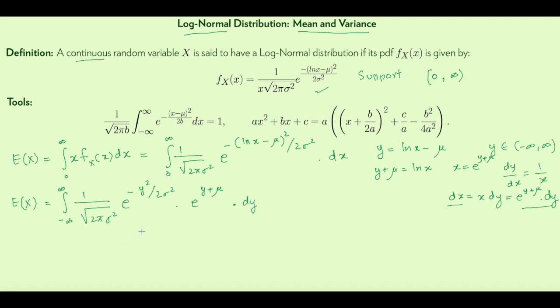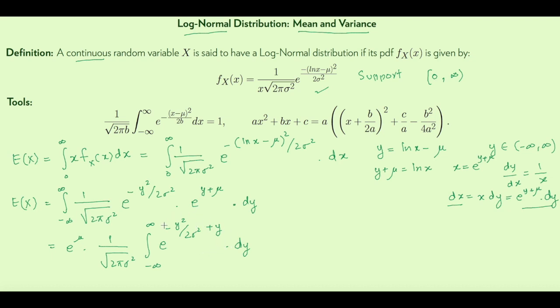Correct? Then I can take e to the mu out, and I can also take this out. And I can say the integral from minus infinity to infinity of e to the minus y squared over 2 sigma squared plus y, dy.